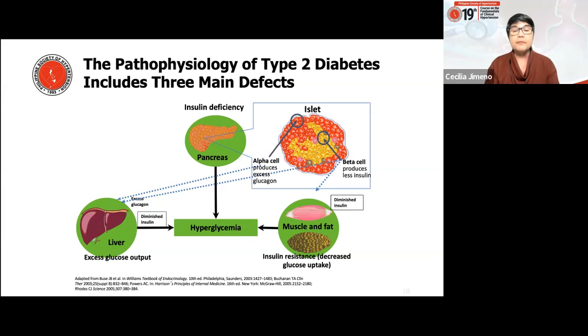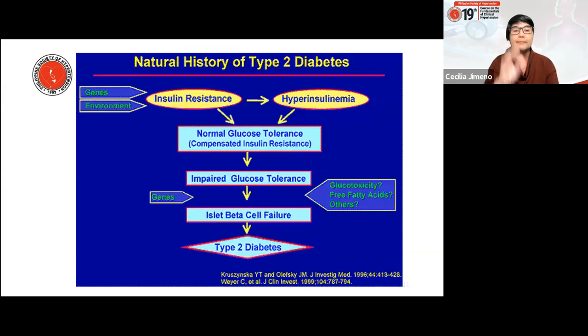Again, as I said, please remember though that before we develop beta cell failure, before there's a decrease in insulin secretion, there's actually hyperinsulinemia. And this hyperinsulinemia is brought about by the fact that our beta cells, in response to insulin resistance, produce more insulin to compensate for the increased insulin resistance.